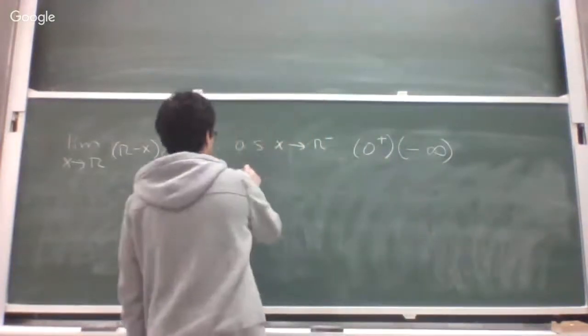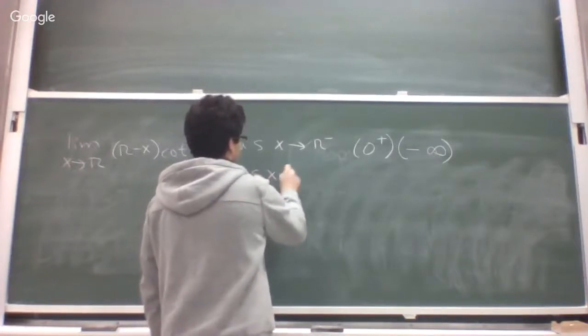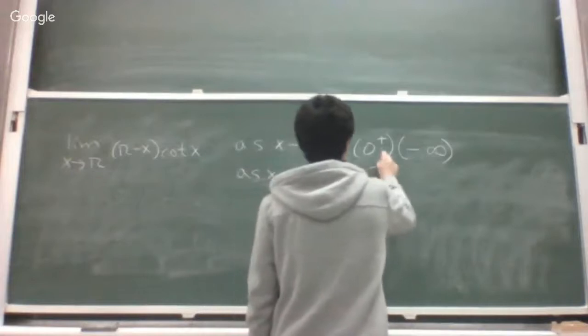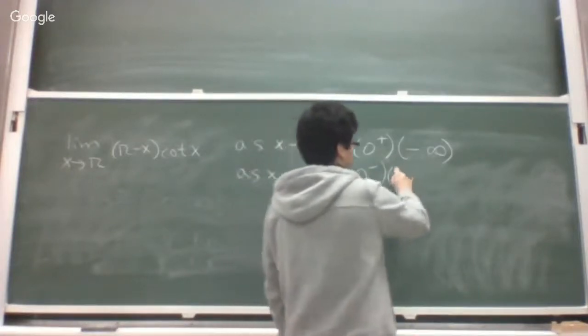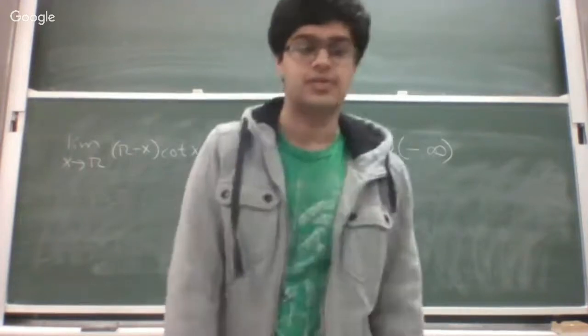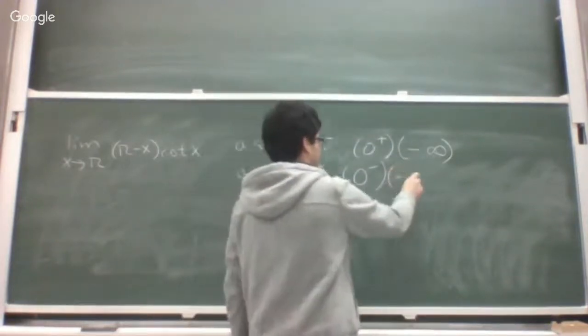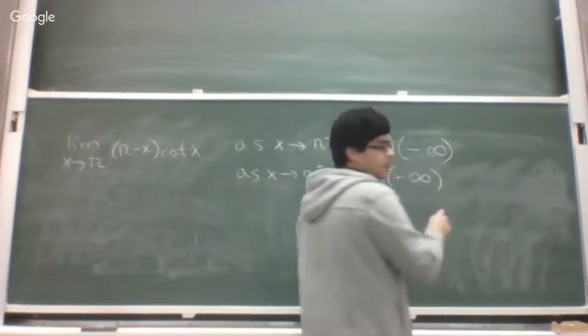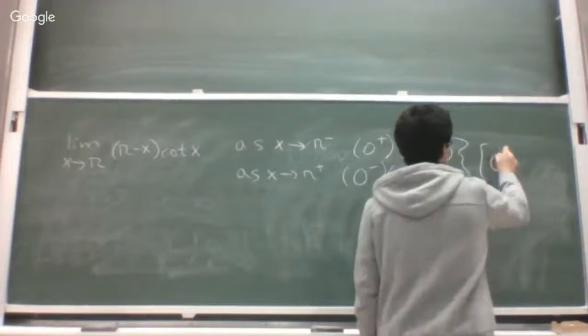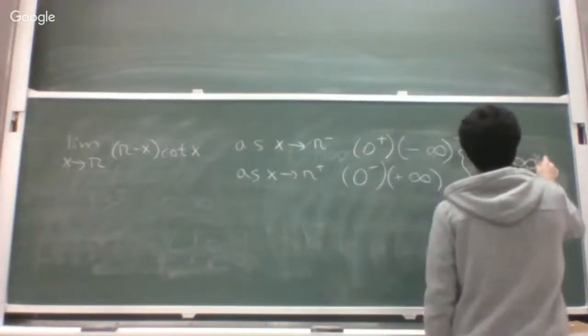And as x approaches pi from the positive side, we have 0 minus times negative infinity again. Or no, this time it's positive infinity. But these are both similar to that form which I showed you guys before. 0 times infinity.